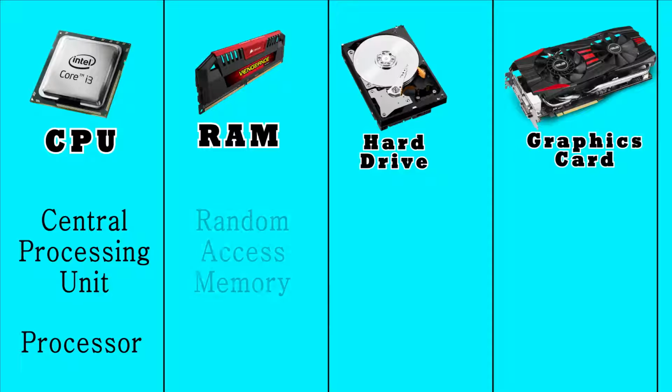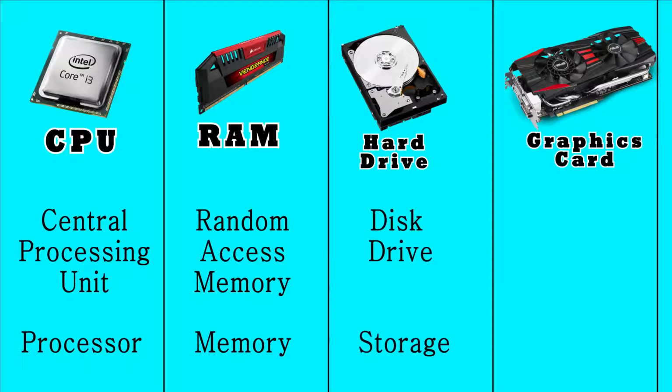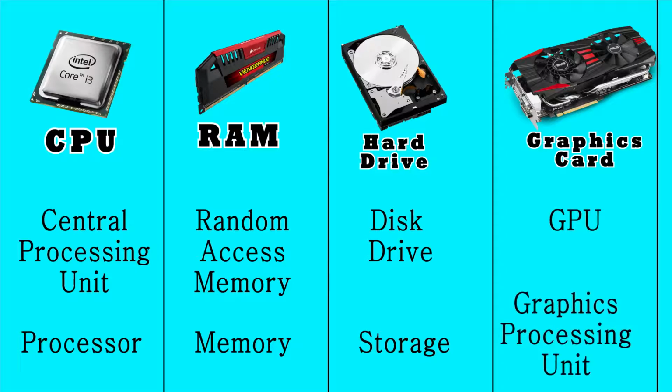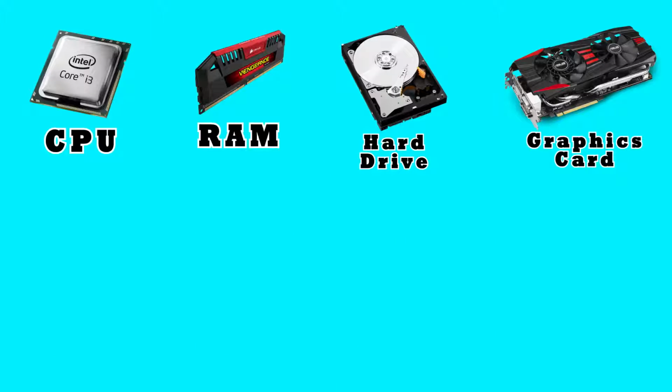RAM stands for Random Access Memory and is often referred to as just memory. A hard drive is often referred to as a disk drive or storage. And a graphics card is also known as a GPU or graphics processing unit. For this explanation, I'll be using the terms CPU, RAM, hard drive, and graphics card.